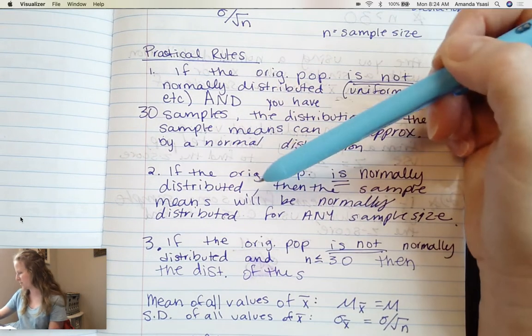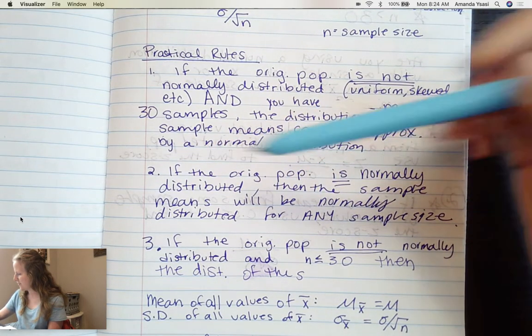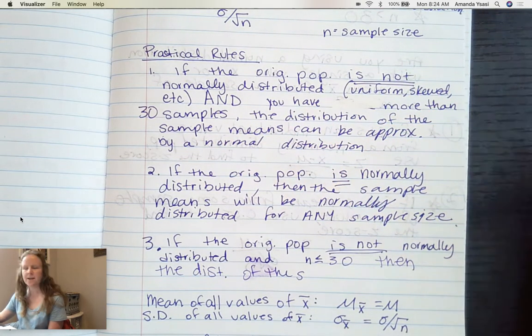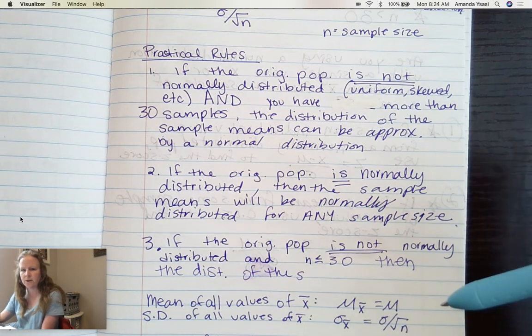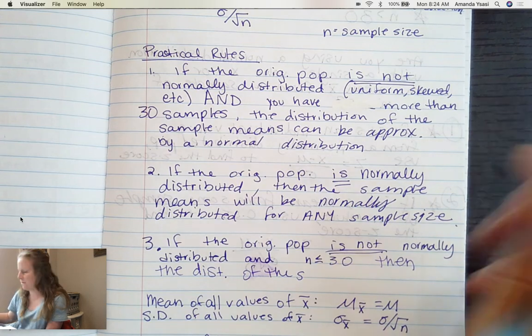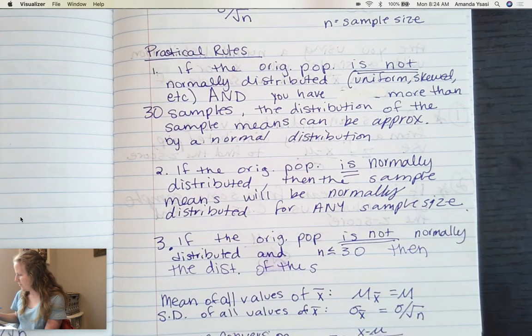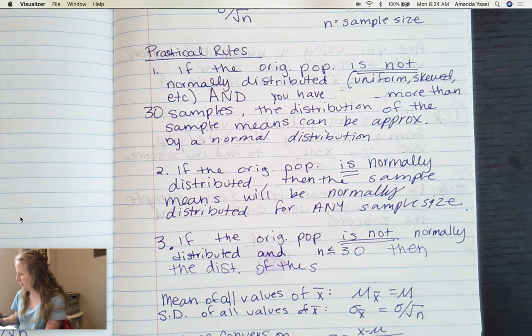Number 2: if the original population is normally distributed, then the sample means will be normally distributed for any sample size. So you're checking to see, is it normally distributed, or do you have more than 30 samples? Then you will use the central limit theorem.